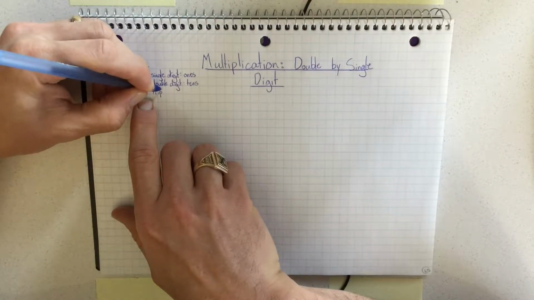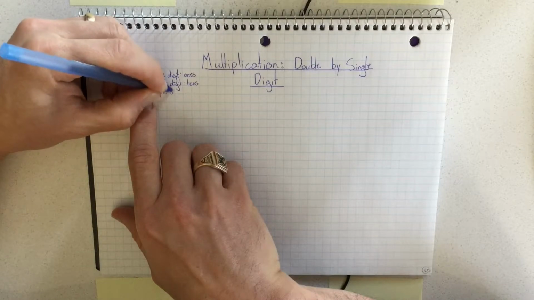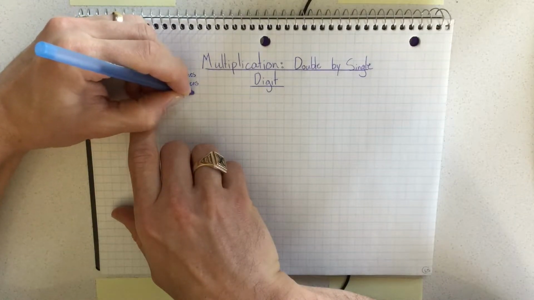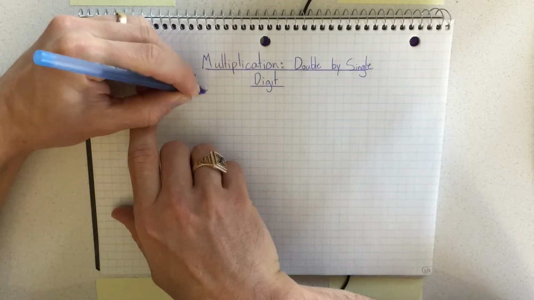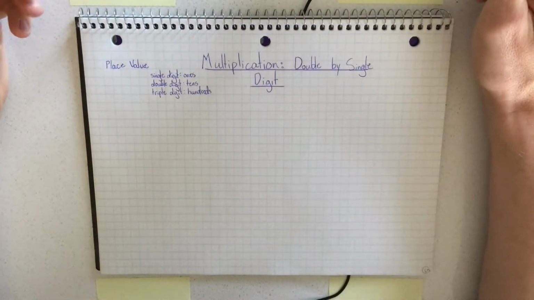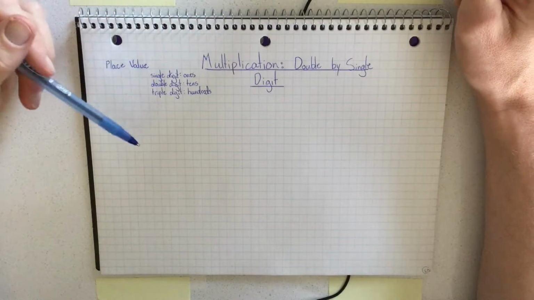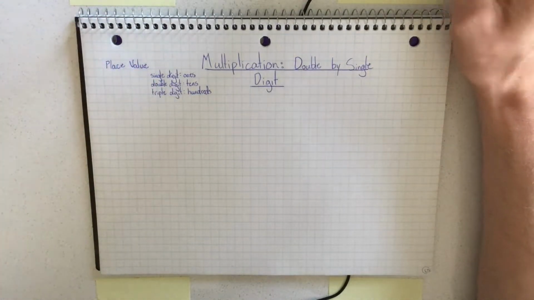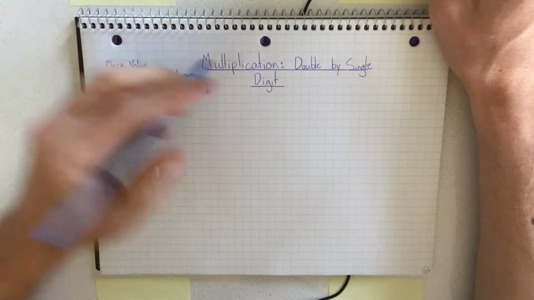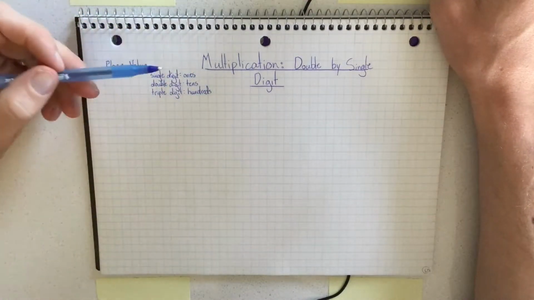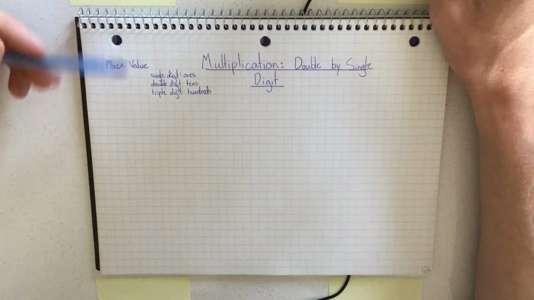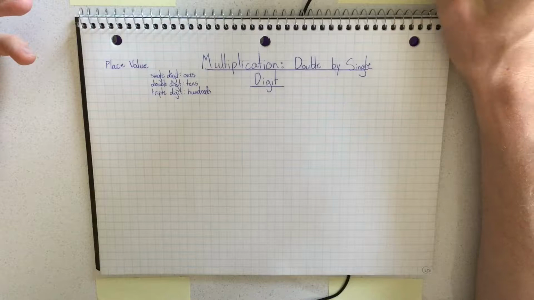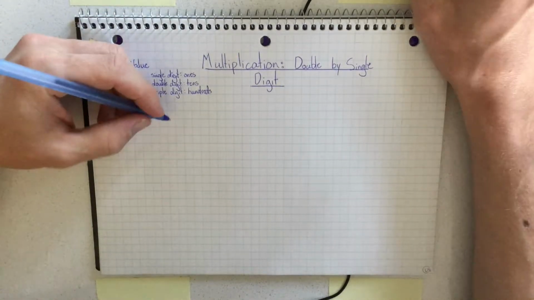Triple digit is anything in the hundreds. And this obviously continues on into thousands and 10,000s and 100,000s and millions and so on. So when we're talking about digits, we're just talking about the value in terms of place value of the number that you're using. So let's start with a problem.